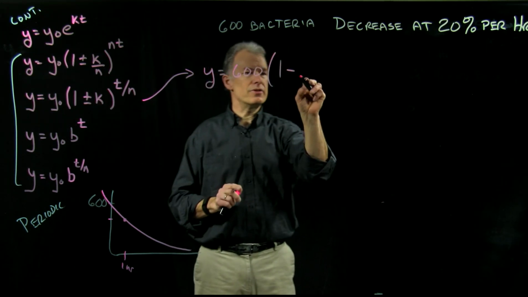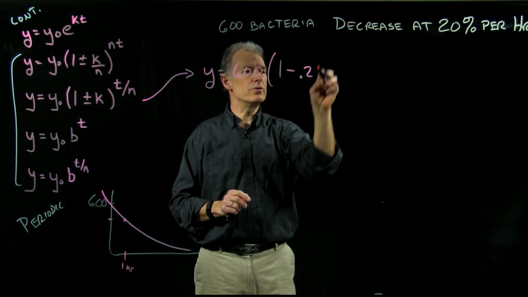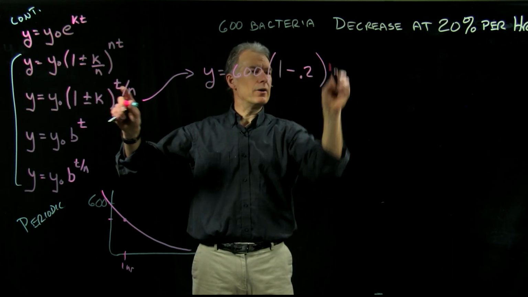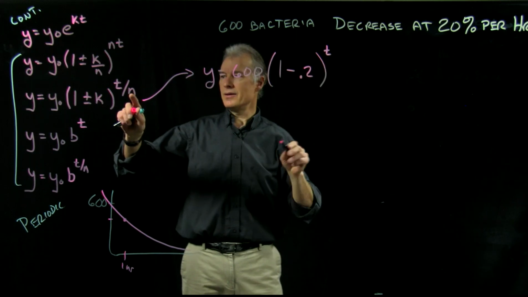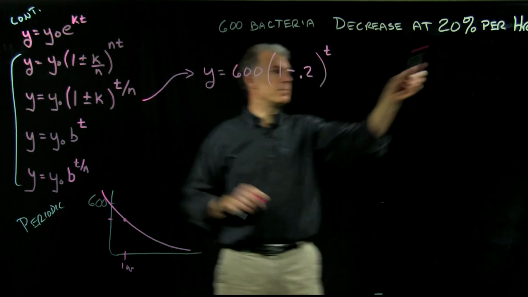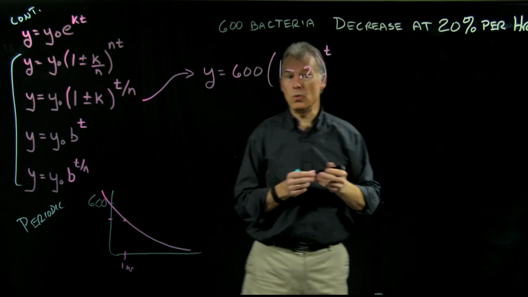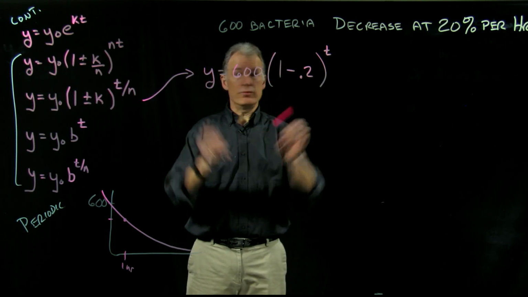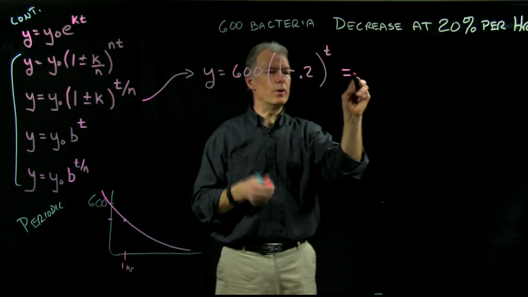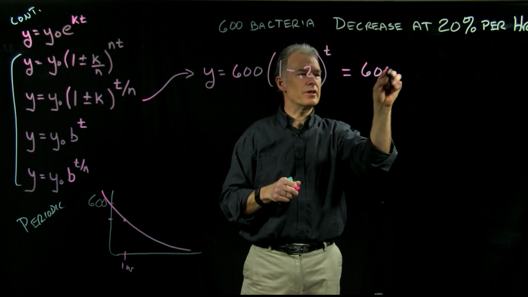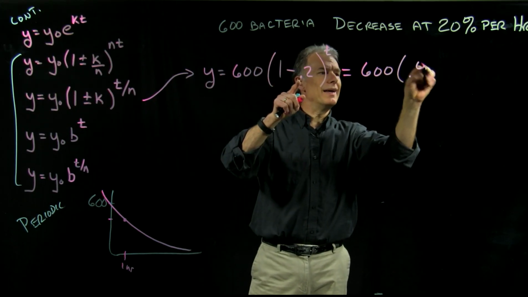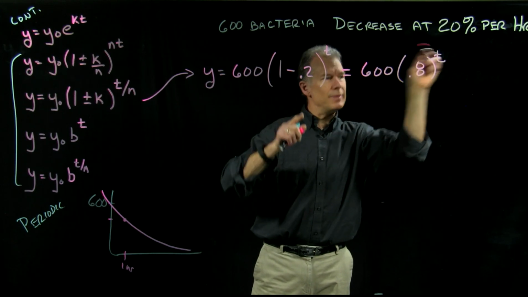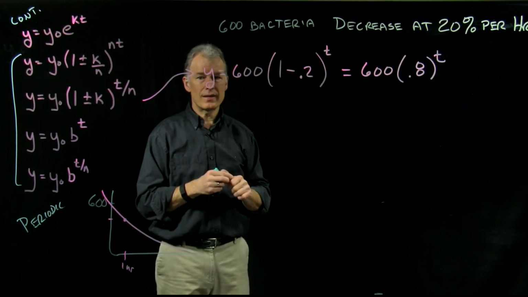The rate is 20%, so I'll put in my 0.2 here, raised to the power of t, we don't know that yet, divided by n, but n is per hour, so it's really just 1. All right, so there's our equation. Or actually, I can go one step further. I could also say 600 times 0.8^t, so maybe that would be a better form of our equation.